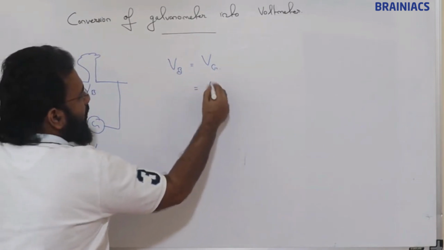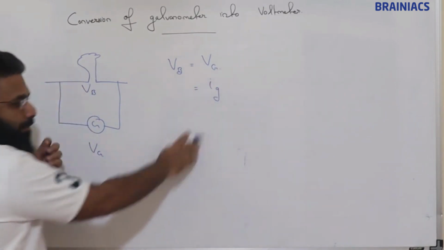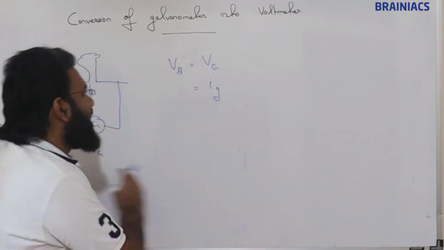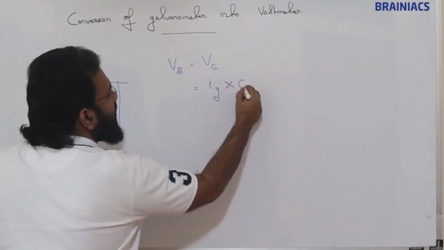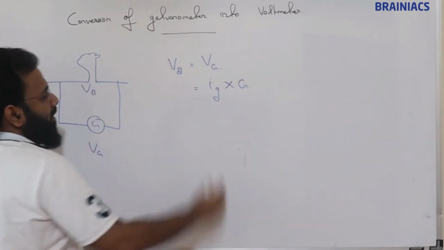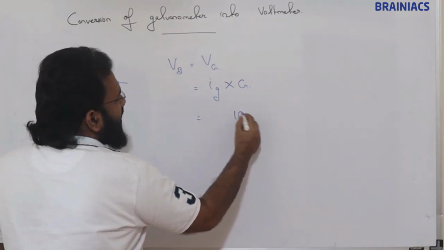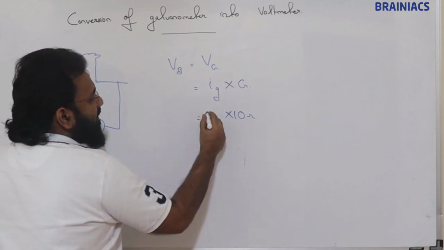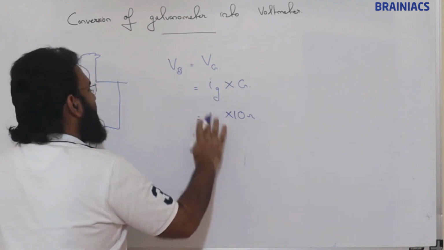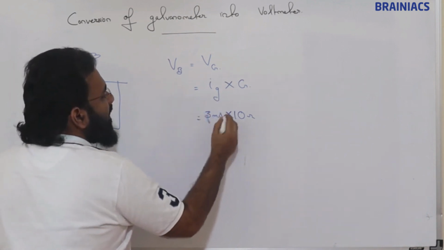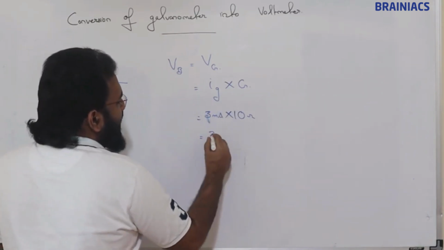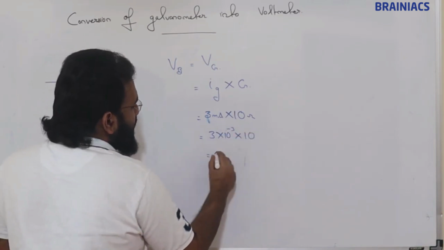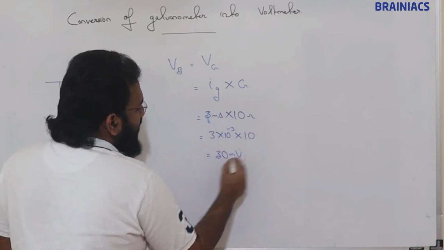This will be equal to the maximum current that is possible to pass through galvanometer into this galvanometer resistance. Suppose this galvanometer resistance is 10 ohm, and this Ig, let's put 3 milliamp. So what will happen? 3 into 10 raised to minus 3 into 10, so this is going to be 30 millivolt.